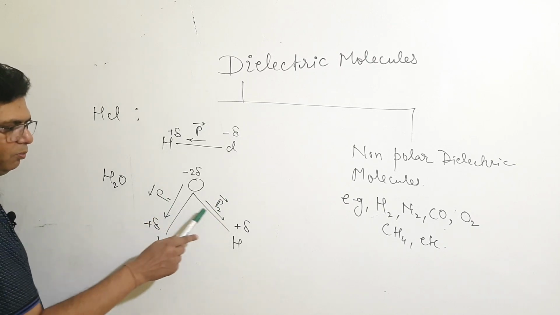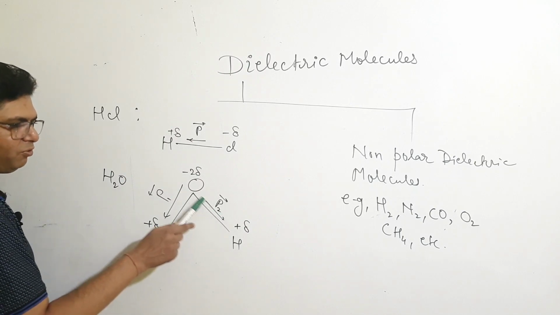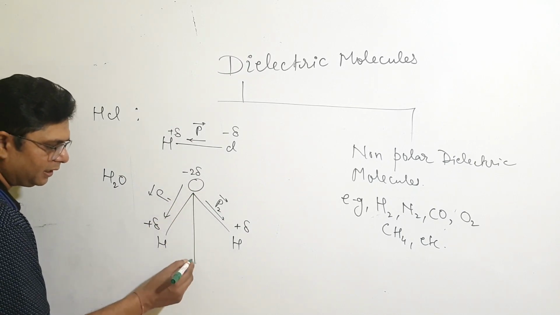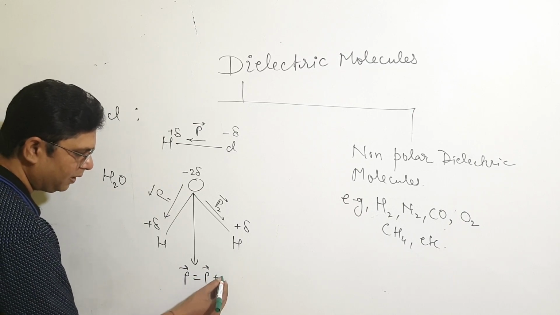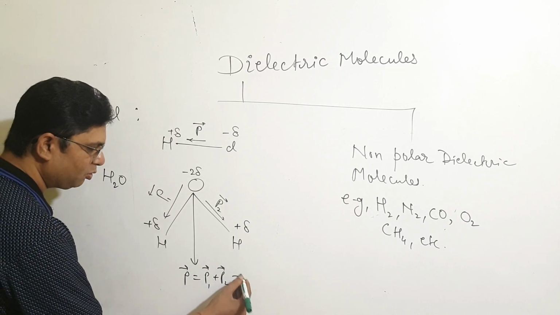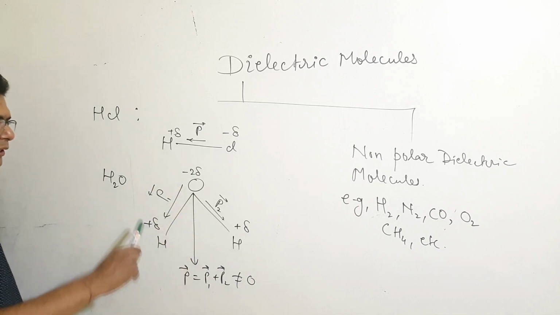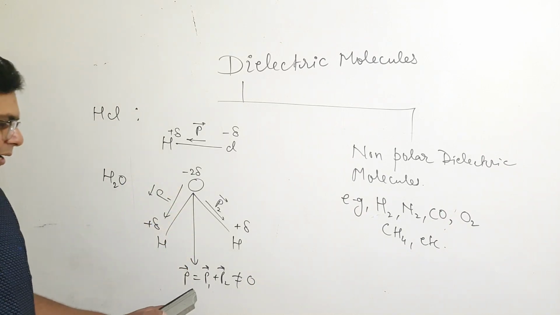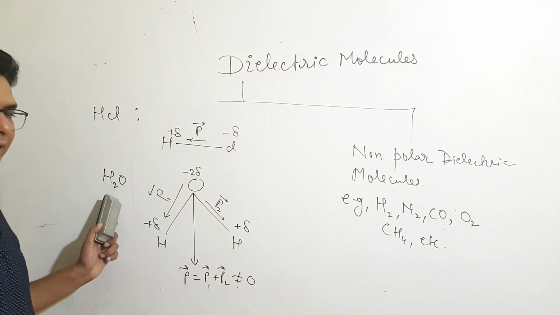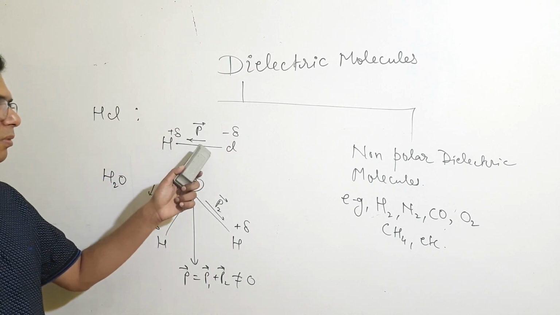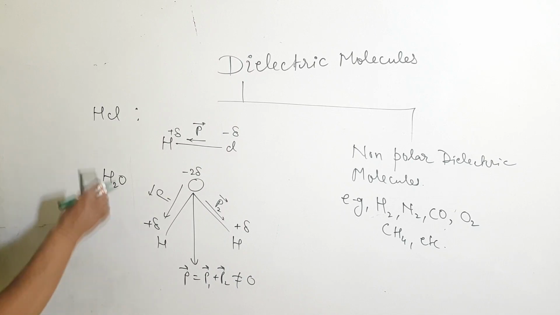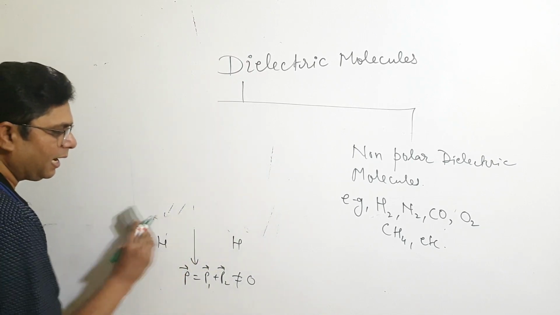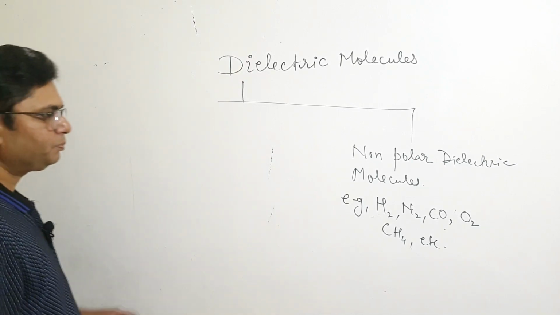So these are two vectors acting from the same origin. So this will be the resultant vector P, and P is P1 plus P2, which is not equal to 0. So this is the intrinsic dipole moment for water, and this is the intrinsic dipole moment for HCl. So they have intrinsic dipole moment. So these are polar dielectric molecules.